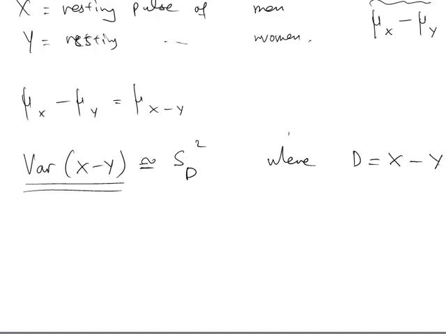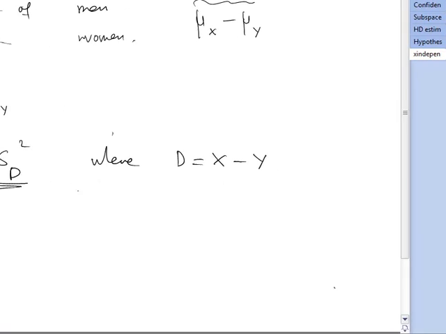You select the man and the woman in the way you pair the observations. This quantity is approximately equal to this because we have very big samples, 200 individuals on each side. So we have a sample of values of D of size 200.